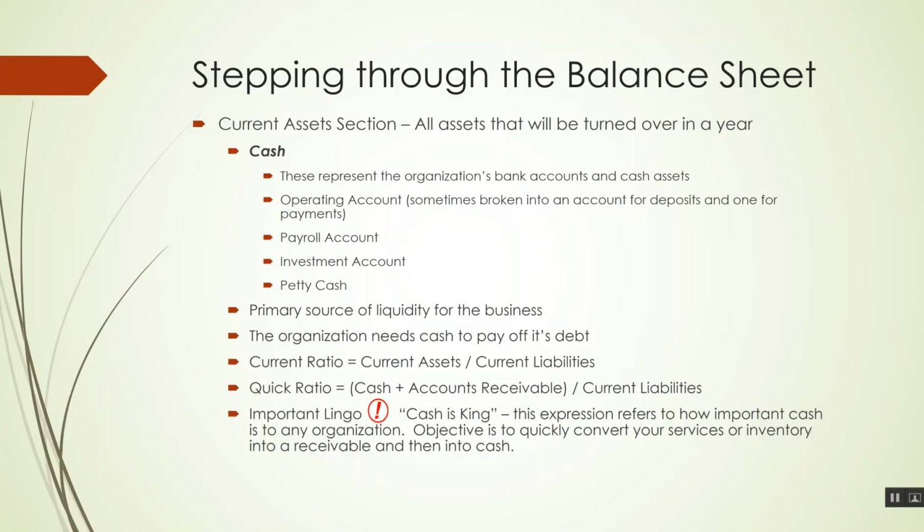Okay, so you need to have cash on hand to pay your suppliers. You need to have cash on hand to pay your employees. Some organizations will take out a working line of credit with their bank just so they have a safe cushion there, so they know that they can always meet these current liability needs. Okay.